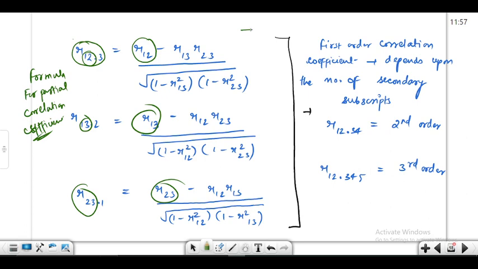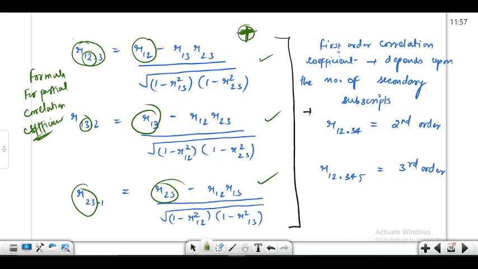Just like we had the concept of partial regression coefficients of your x2 and x3 variables, which we discussed in the multiple regression model when we started the videos, similarly we have the formulas and concept of partial correlation coefficients for the multiple regression model, because we are interested in calculating the correlations between two variables without the third or the fourth or the fifth variable affecting that correlation. So this is how you calculate it, right?